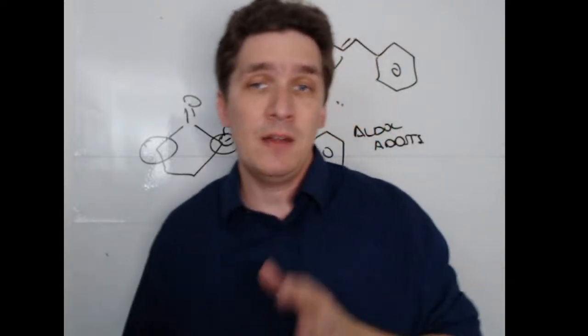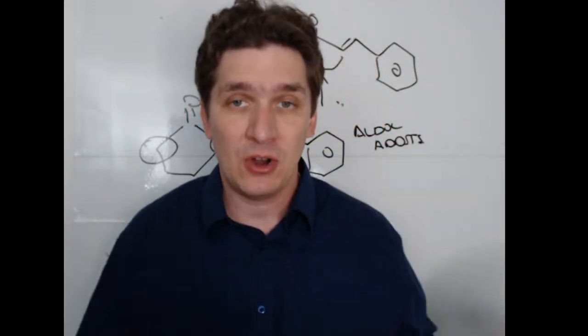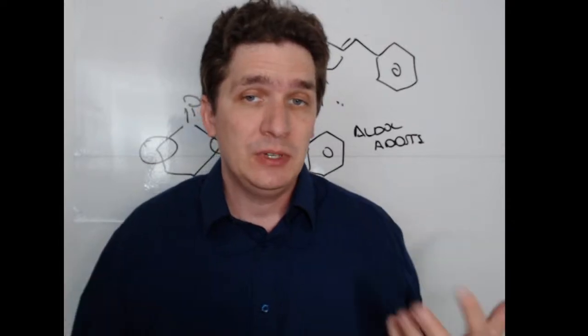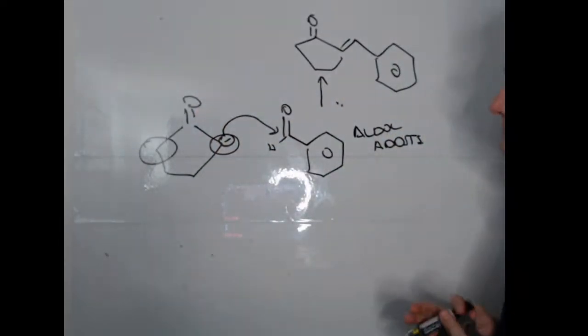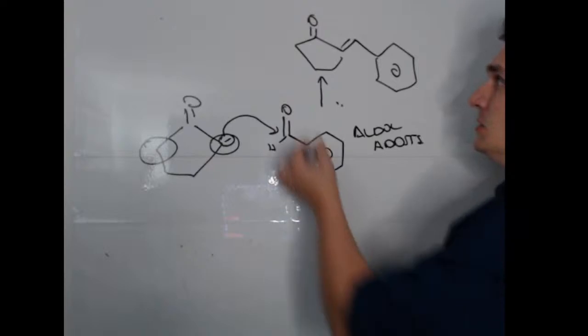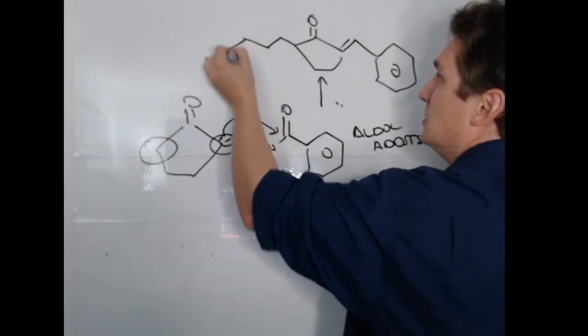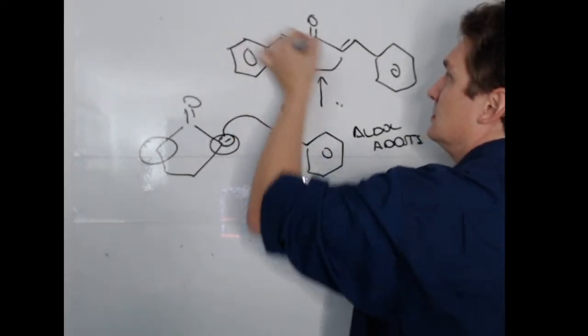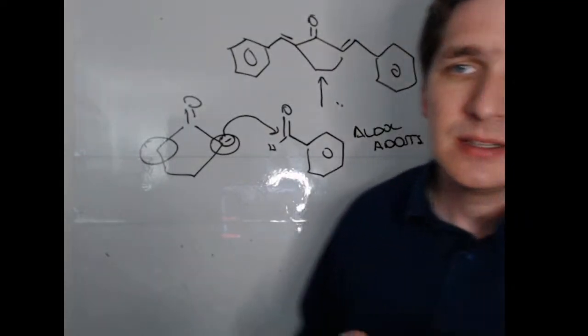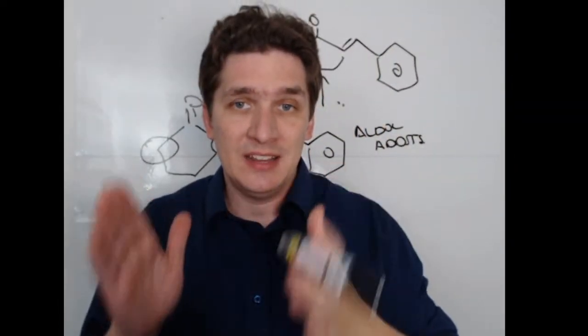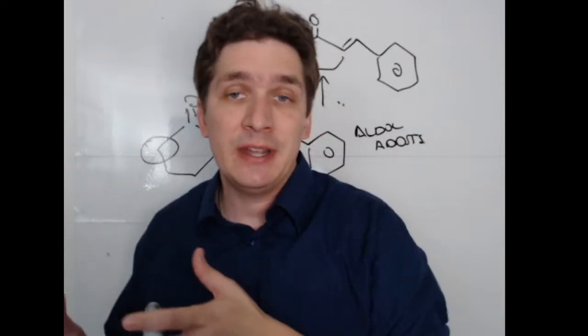One, any alpha carbon adjacent to a ketone can form a carbanion. So let's say you had excess of this. Well, now both of these are going to form these aldol condensates.